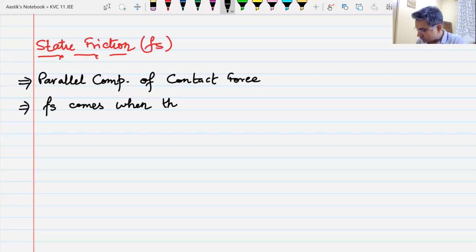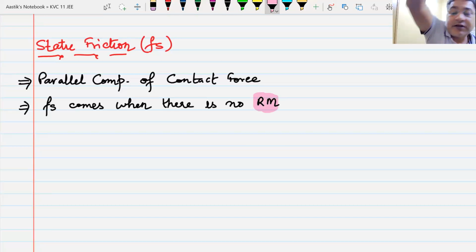The static friction Fs comes when there is no relative motion, but there is something else. What is that something else? There is no relative motion, but there is a tendency of relative motion. Do we understand this?